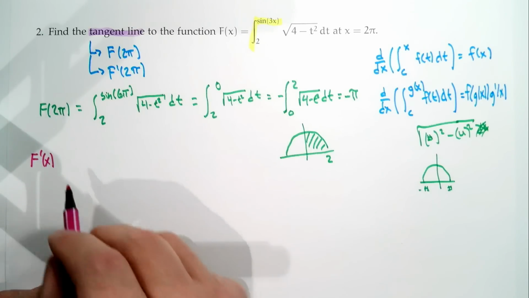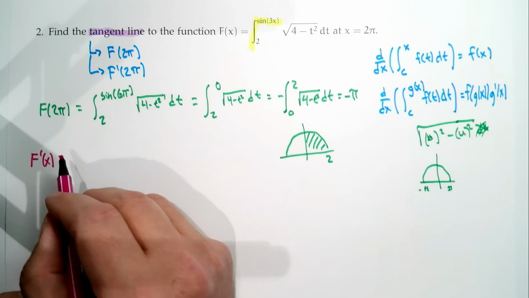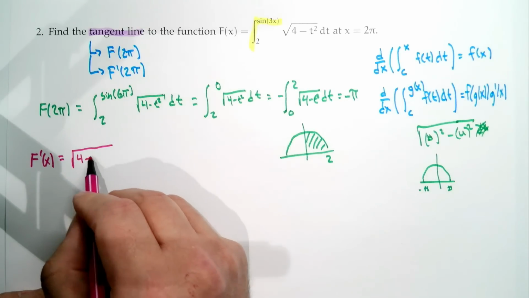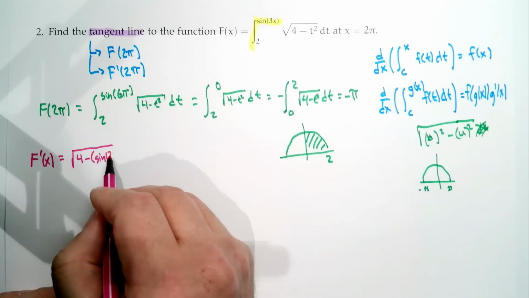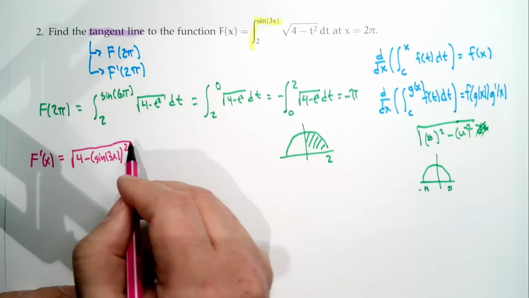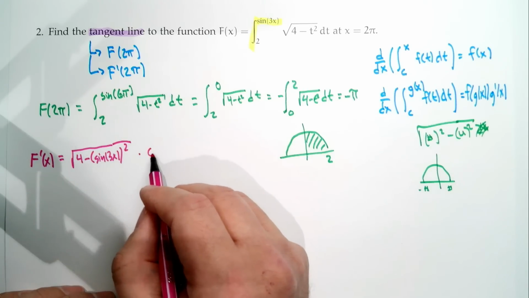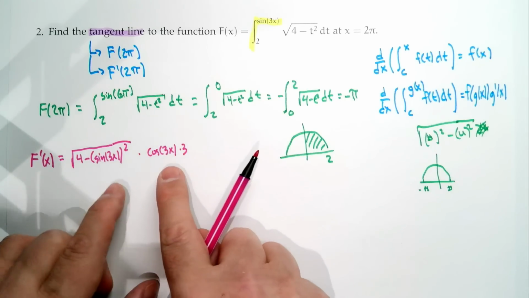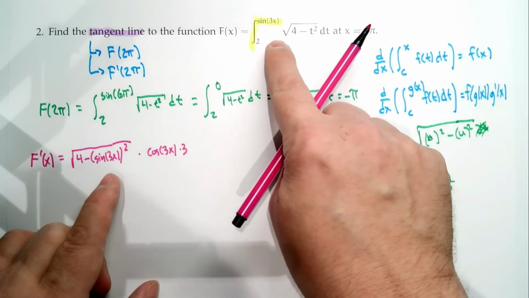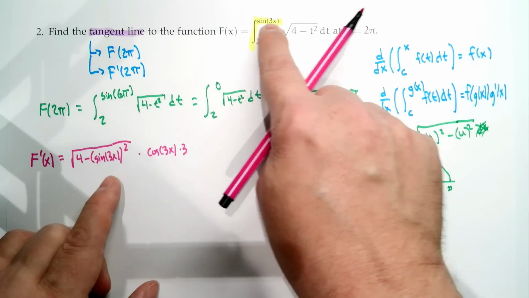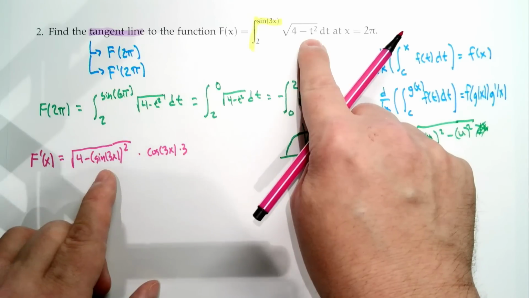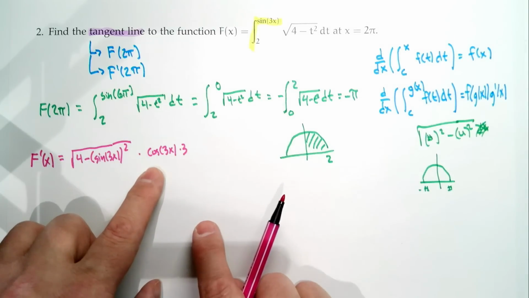The answer is that f prime of x is the square root of 4 minus sine of 3x squared, times cosine of 3x times 3. So what just happened here? We plugged in sine of 3x everywhere that we saw a t. That's how we got the square root of 4 minus sine of 3x squared. And then we multiply by the derivative of sine of 3x.